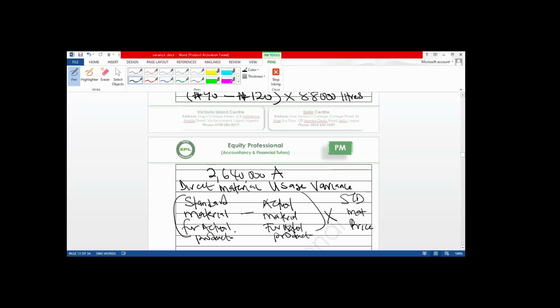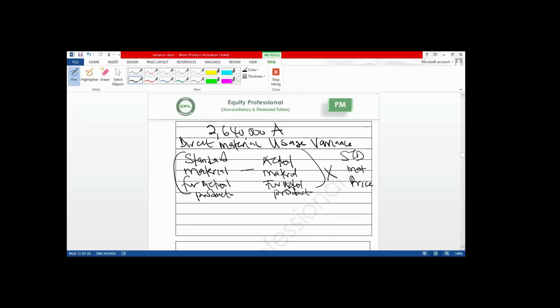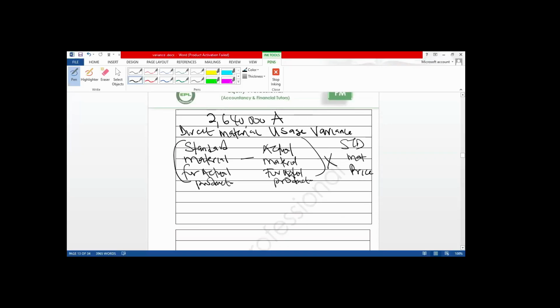You have to do small calculation here. Standard material for actual production, you must do small calculation. Actual production is 2,800 units.